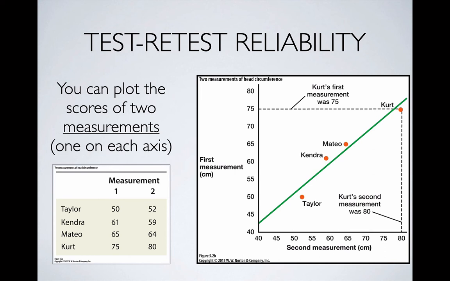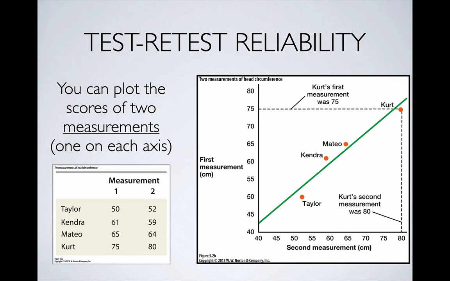The first time we took a measurement of its head circumference, we got 50. Then we got 52 on the second measurement. For Kendra, we got 61, then 59 on the second measurement. For Mateo, 65, and then 64. For Kurt, 75 and 80. And if you look at the scatter plot, you can see what this looks like.